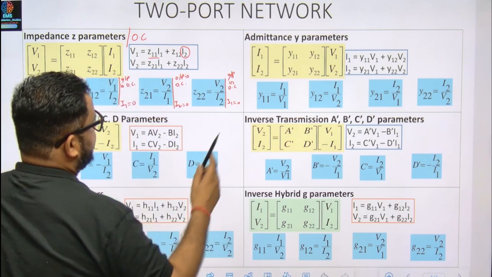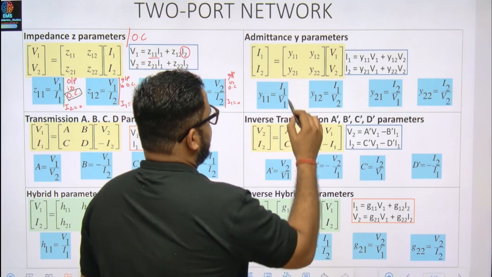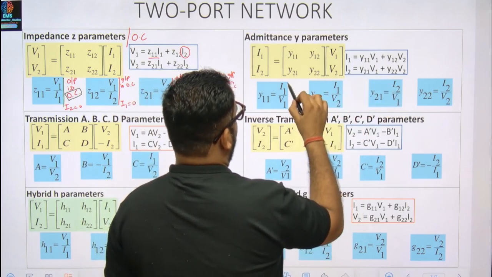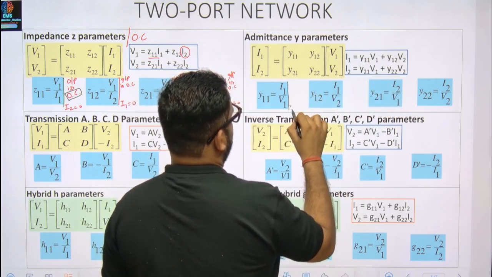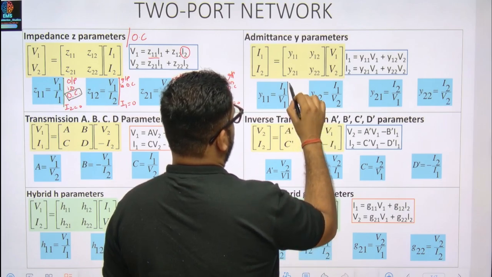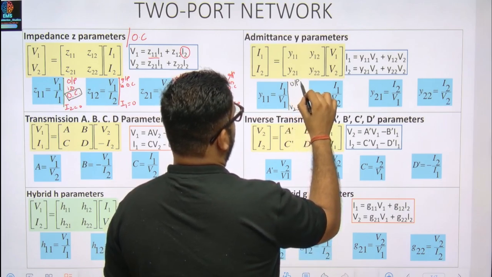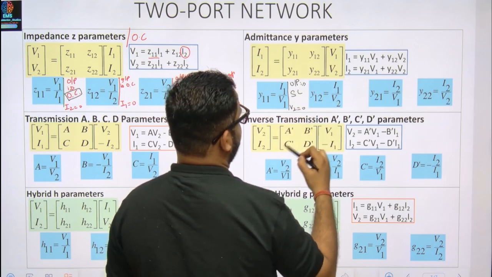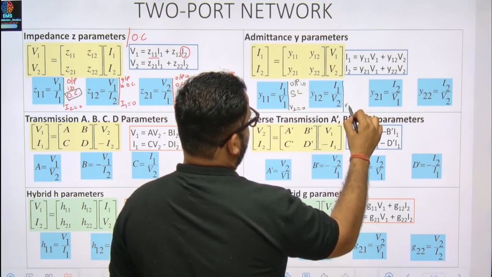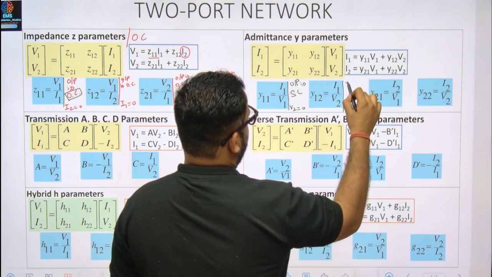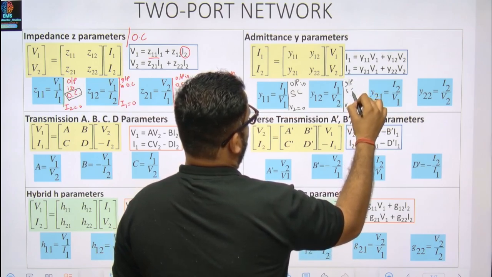So moving ahead to Y parameter. Again, in Y parameter, if you see, I want V2 to be 0. So V2 to be 0 means output is short circuit. Here V1 to be 0 means input is short circuited.